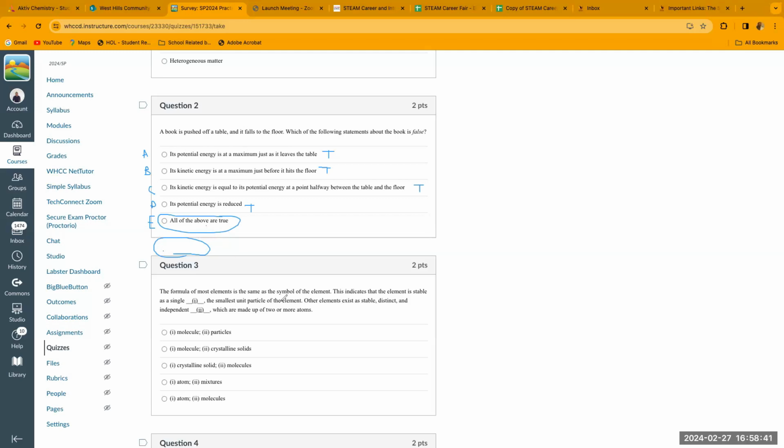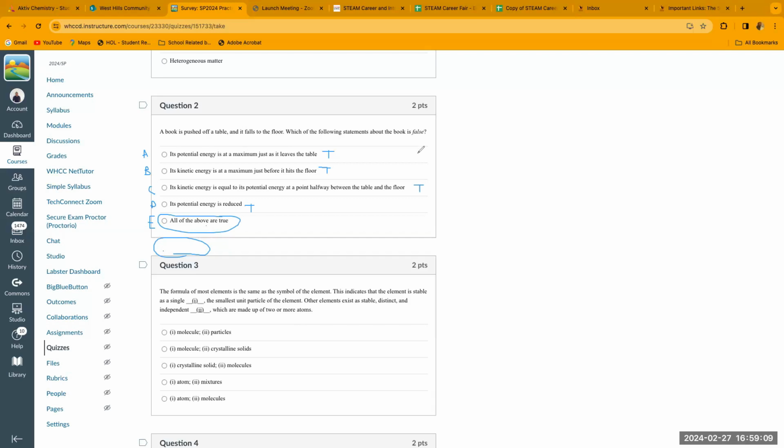Does that make sense? The big component here is that energy is always going to be conserved. If you're changing from potential energy, then you're converting that to kinetic energy. Those energies at the end are going to be equal to the value. What you're starting out with should equal what you end up with.